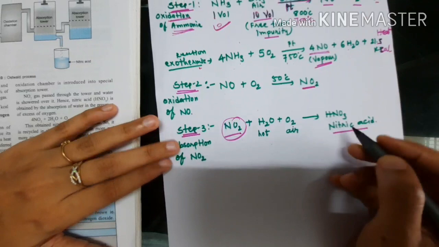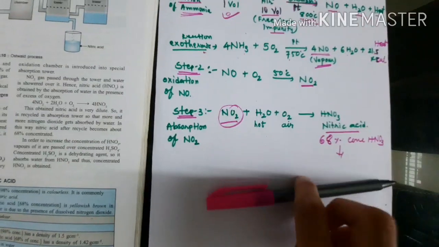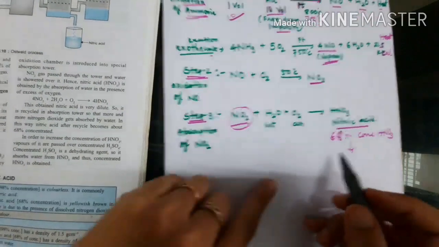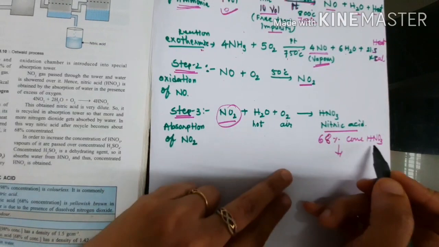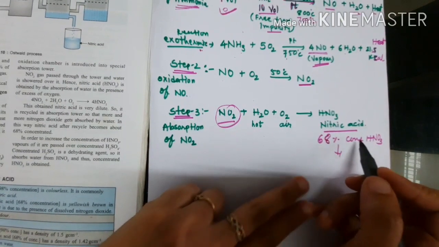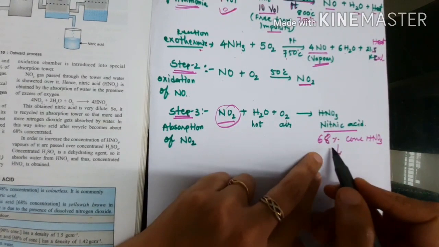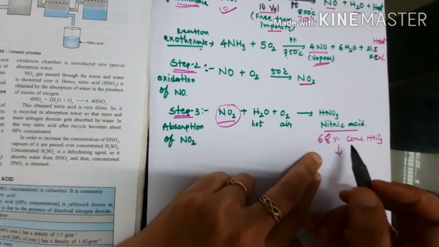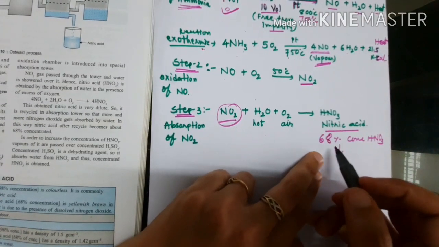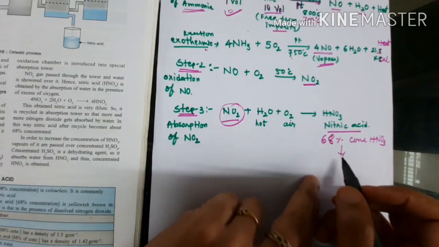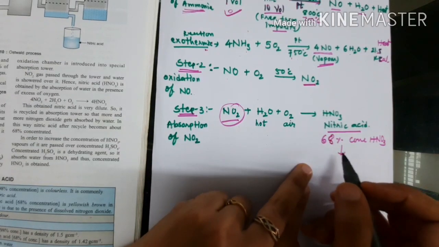That nitric acid is 68% concentrated HNO3, and we can increase the concentration. How can we increase the concentration?